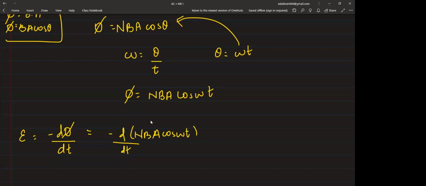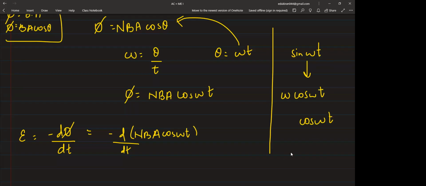Now class, remember, when you are differentiating sine omega t, it will become omega cos omega t. And if you are differentiating cos omega t, it will become minus omega sine omega t. Remember it like a rule so that you remember how to differentiate it.